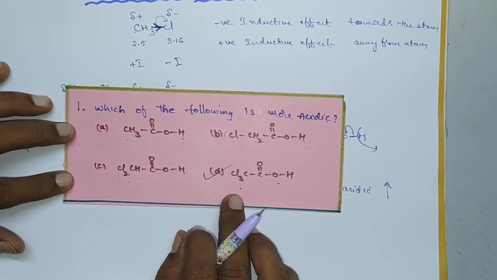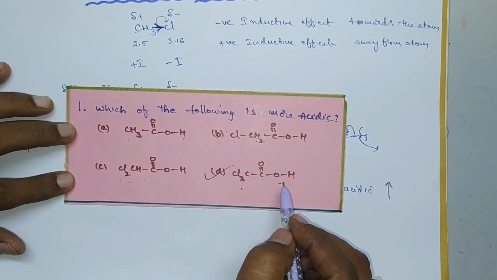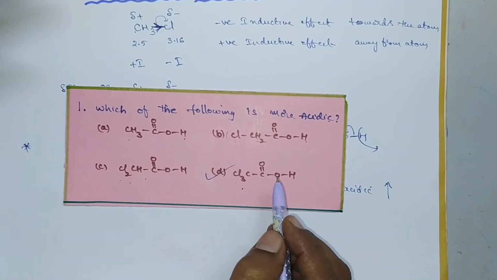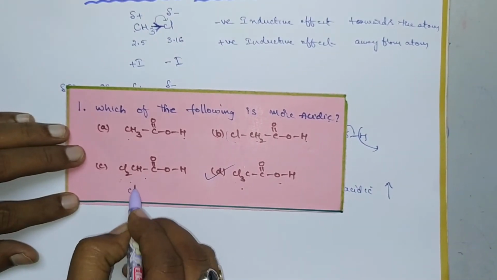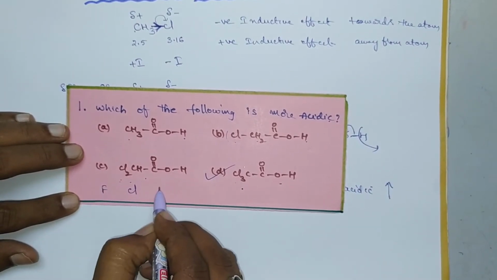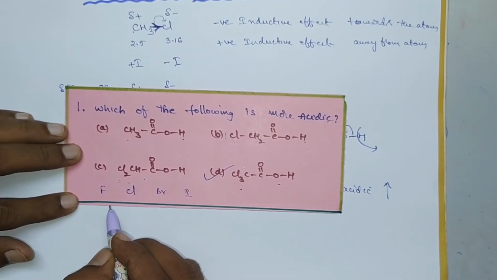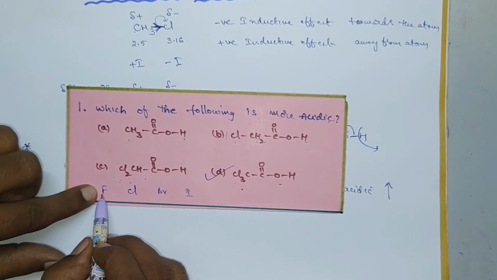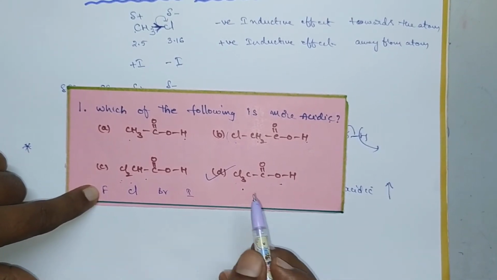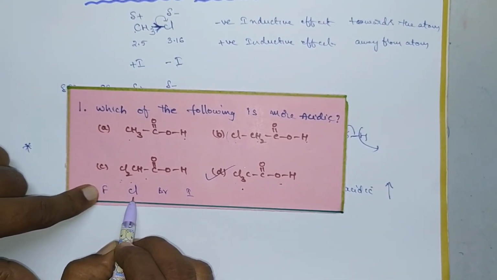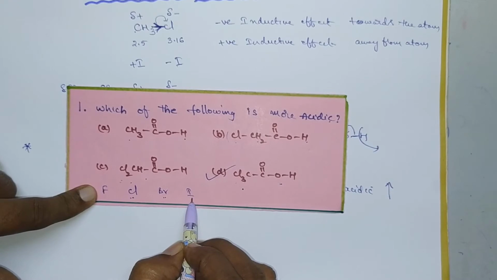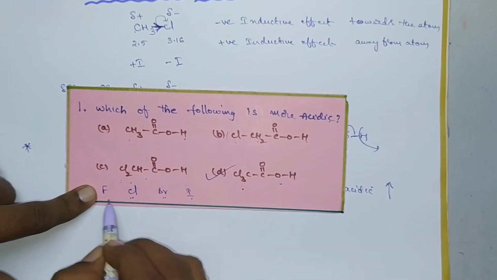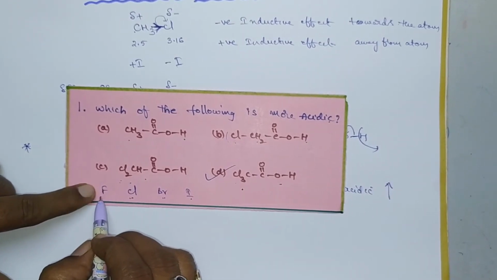Okay, clear? Suppose if the halogens are different, then whichever is more electronegative will be more acidic. Suppose the halogens are different, like fluorine, chlorine, bromine and iodine. So fluoroacetic acid is more acidic than chloroacetic acid, and chloroacetic acid is more acidic than bromoacetic acid. Again bromoacetic acid is more acidic than iodoacetic acid, because fluorine has high electronegativity.